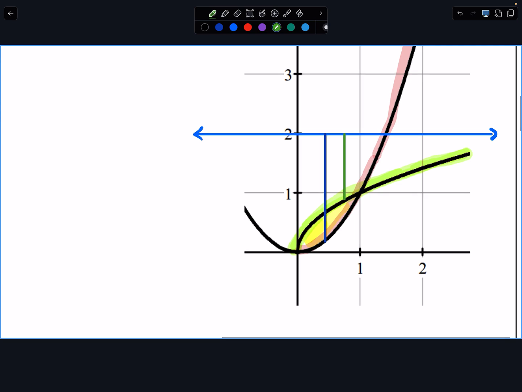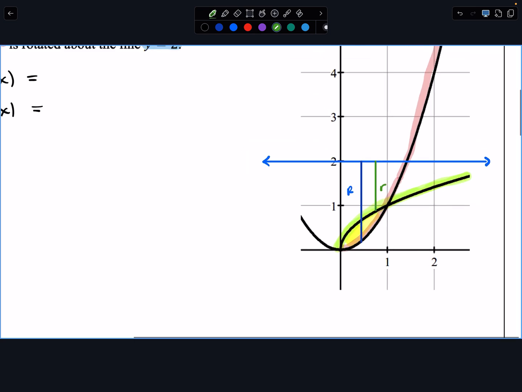Which one of those radii is larger, the blue one or the green one? The blue, right? So this is going to be big R, and this is going to be little r. Okay. Is everyone cool with that?